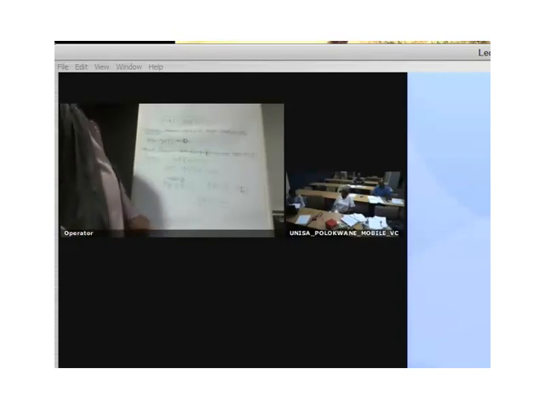Okay? The computation comes, so how to compute?